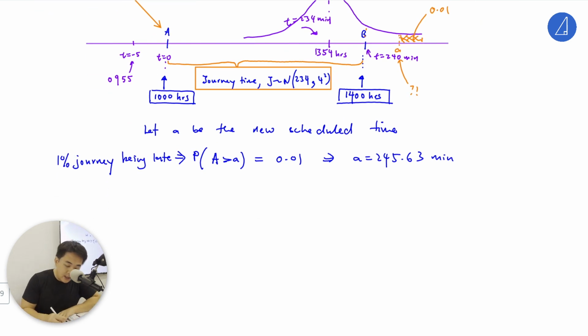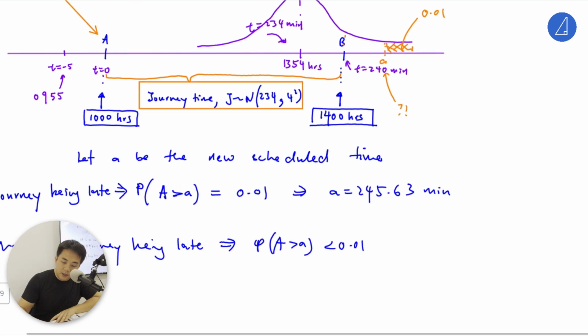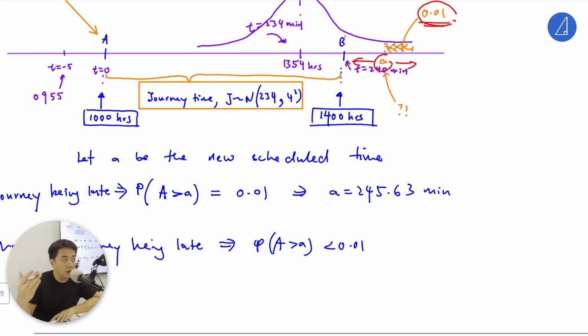But if you want less than 1% of journeys being late, this will imply that P(arrival time bigger than A) must be less than 0.01. So now the question is, should A move to the left or right to be less than 1%? To the right.